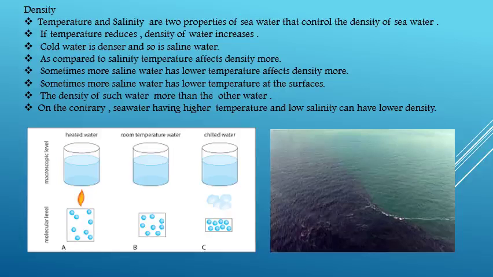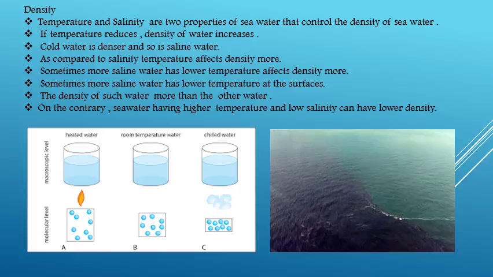It is a little bit warm, we cannot say it's hot nor chilled. So the water molecules have come a little bit closer to each other. And in the third case, when the water is totally chilled, the water molecules have come very close to each other and are very tightly fixed. So this shows that the water molecules are very close in the C section.